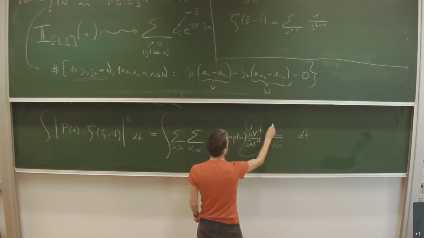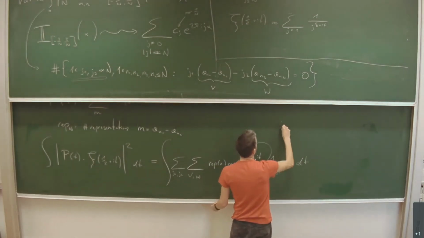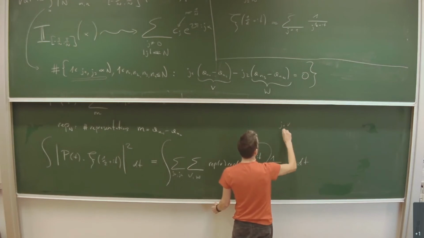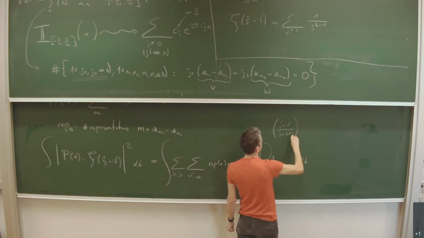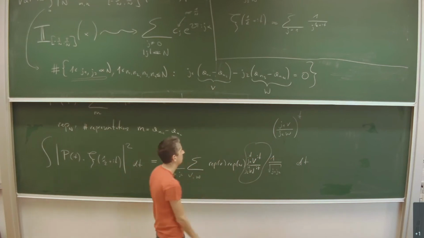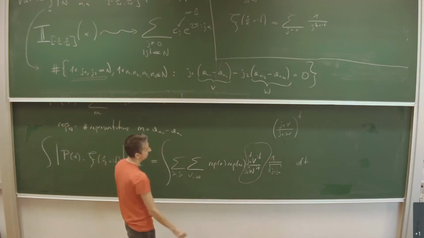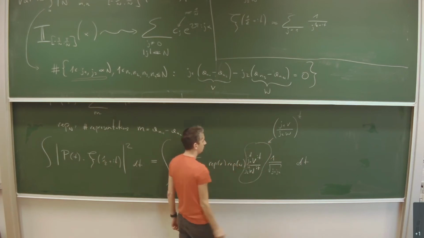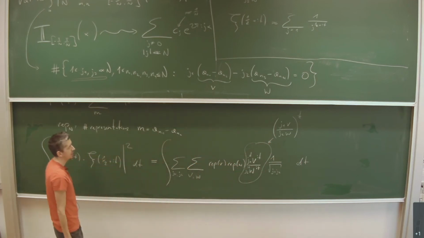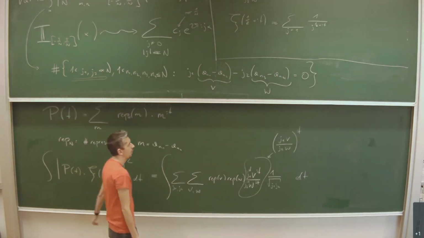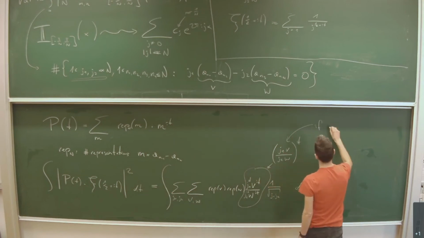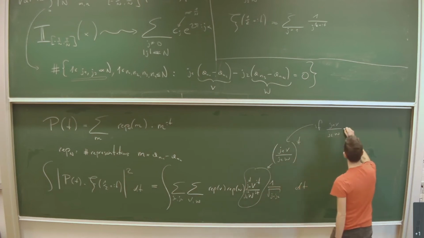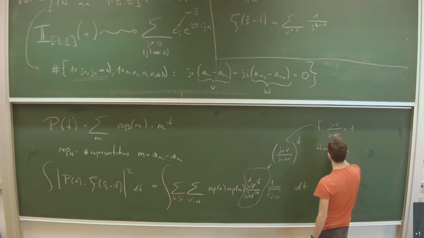So here, this is j1 v over j2 w to the it. And the punchline is, if this quotient is 1, then we see a large contribution to the integral.